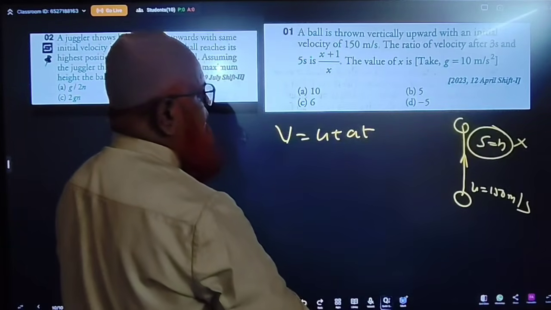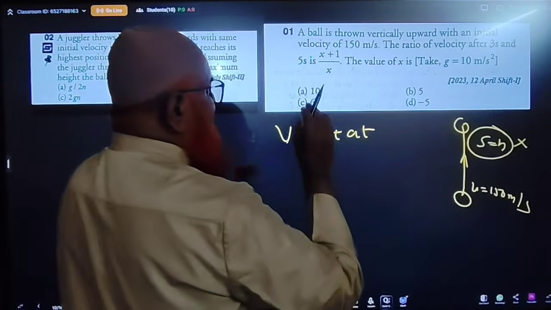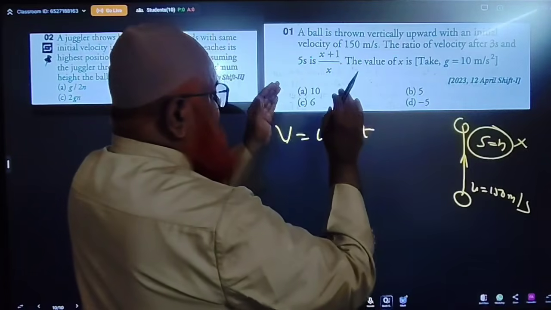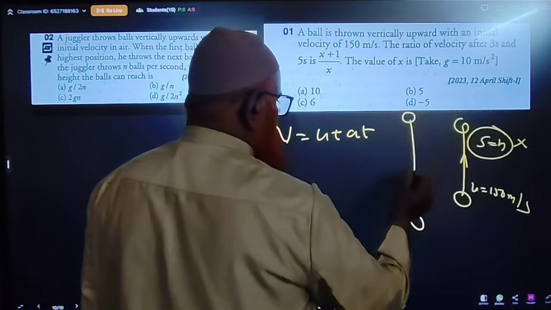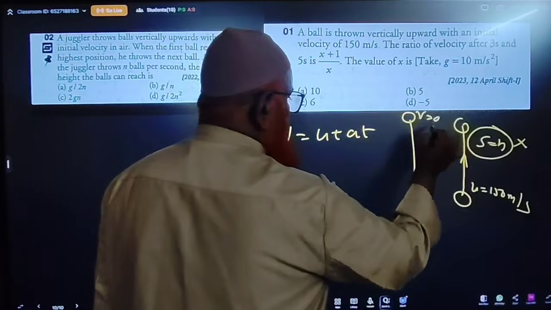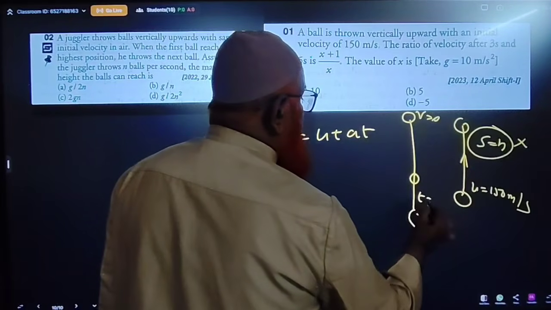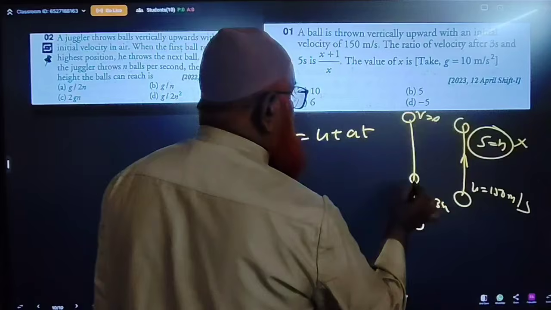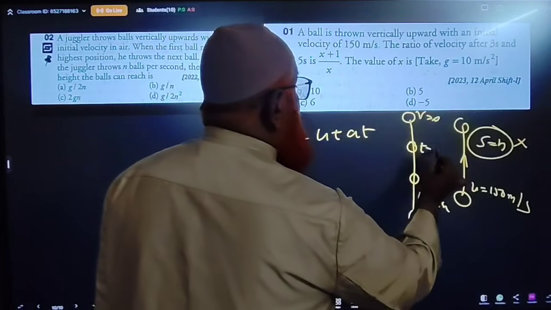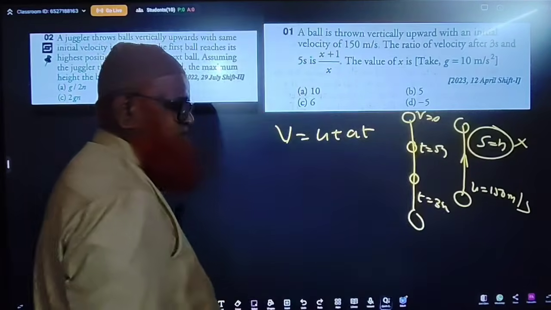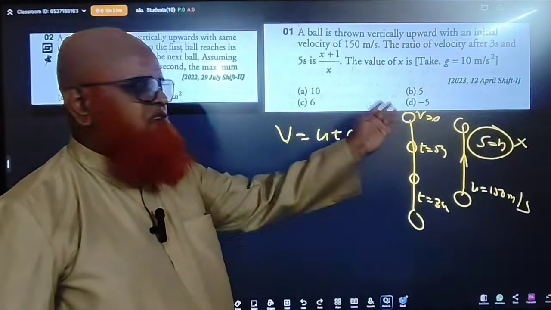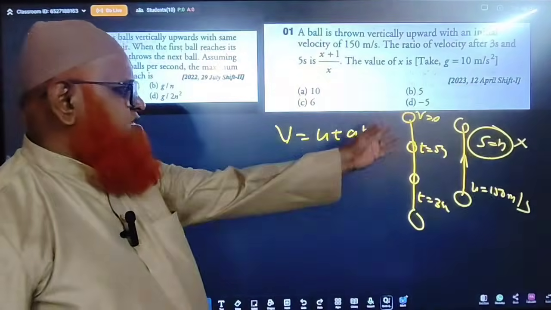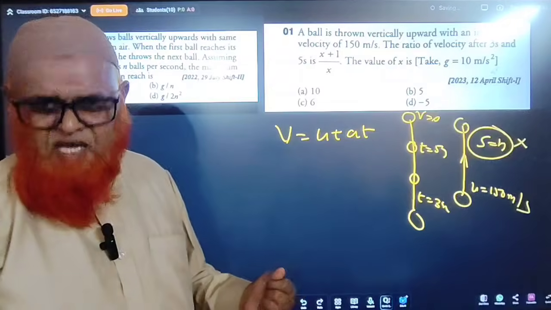Understood? See, what is the velocity after 3 seconds and 5 seconds? When a body is thrown upwards, it is not reaching the maximum height in between. Time t equal to 3 seconds may be here, time t equal to 5 seconds may be here. He has not given the time of ascent for us. He has given times on the way in between. So V equal to 0, we cannot use here.